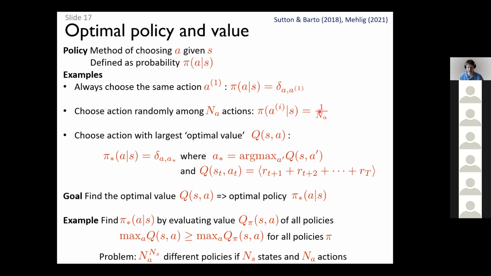So just a uniform number independent of the state. So both of these are independent of the state and very simple. But they are nevertheless policies for how we could choose the action given the state. And then, okay, so there was a question here.